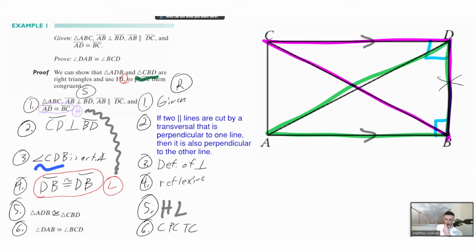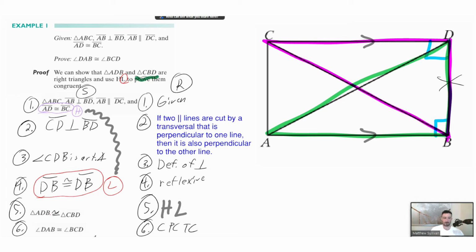Then the second one says it's a right angle, because perpendicular lines make right angles. It's the definition of what perpendicular means. Then you have to show a leg because you already have the H, you need the L. Once you prove each of those, you can prove the triangles. Okay, it makes a lot more sense. Awesome, good recap.